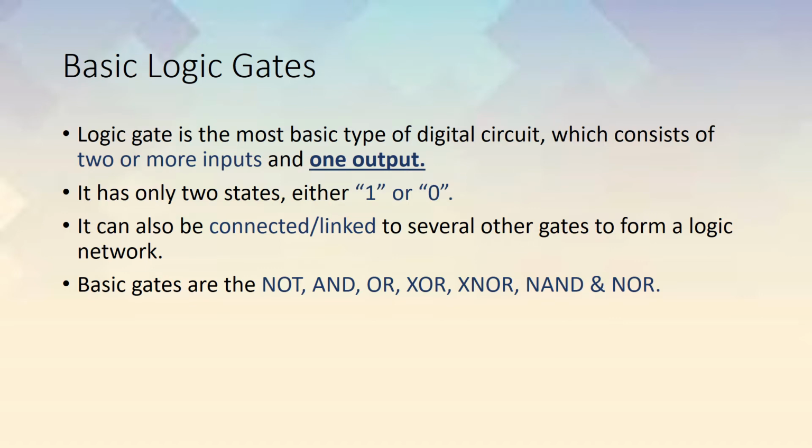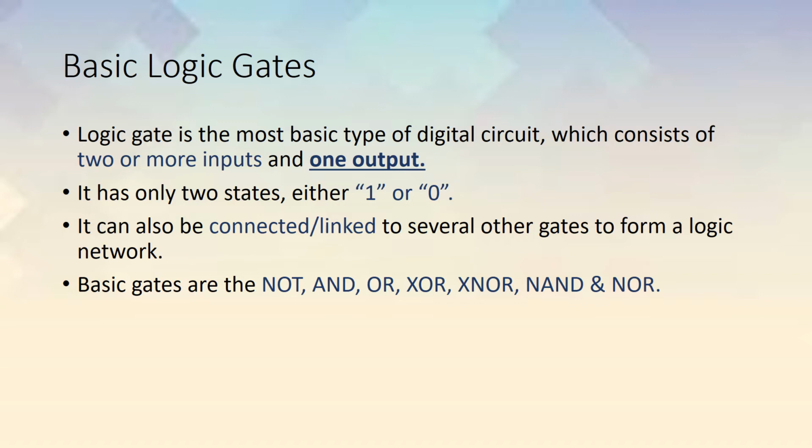I will talk about the basics of logic gates. A logic gate is the most basic type of digital circuit, which consists of two or more inputs and one output. It has only two states, either 1 or 0, or what we call a binary number.